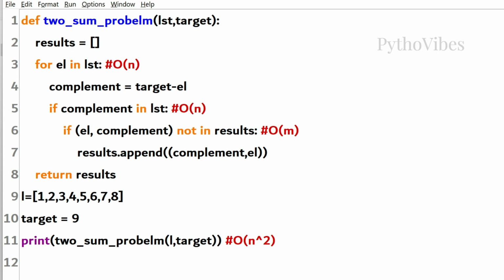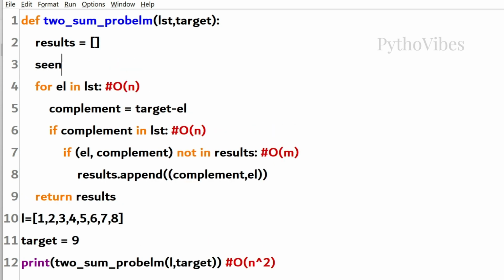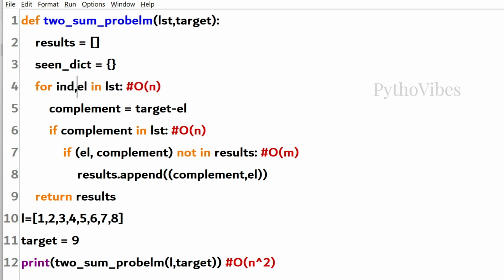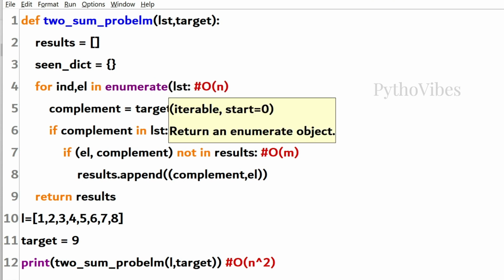Let's try to enhance this code. I'll be taking one dictionary called cindict, which will hold the numbers which I have in this list and its corresponding indexes. So I'll take this cindict here and later I will take the index and element by using the enumerate. I'll take for index, element in enumerate of the list values.